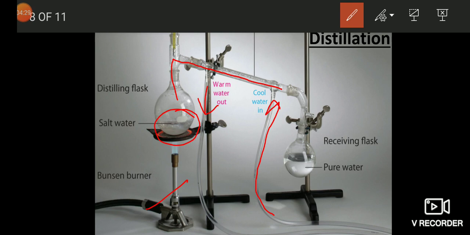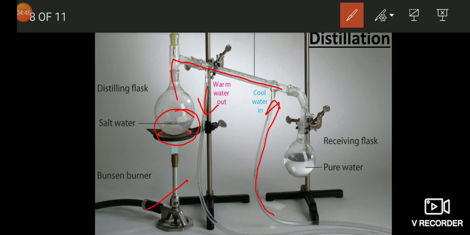When cold water passes around the tube of steam or water vapor, that steam or water vapor changes into water droplets. That means the condensation process goes on here.